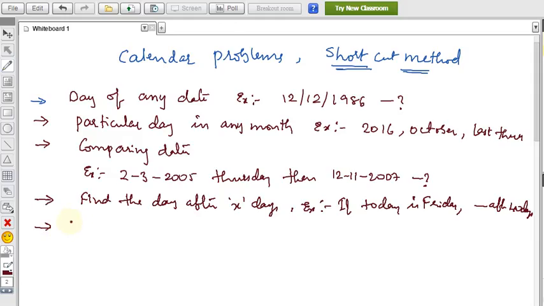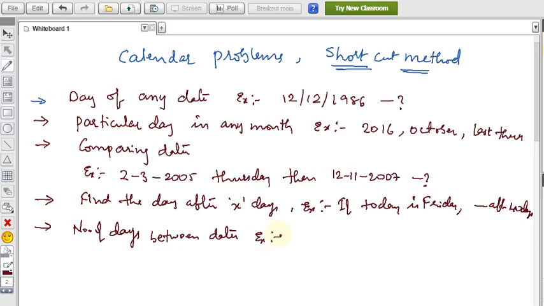Now the fifth one, the number of days between the dates. One more type of question in calendar problems is the number of days between dates.